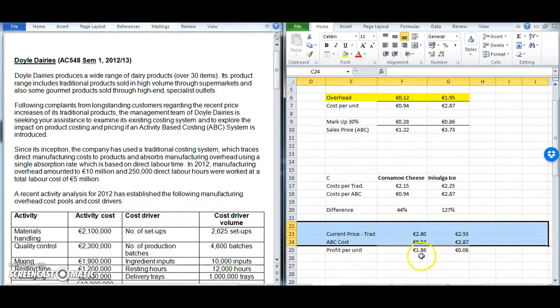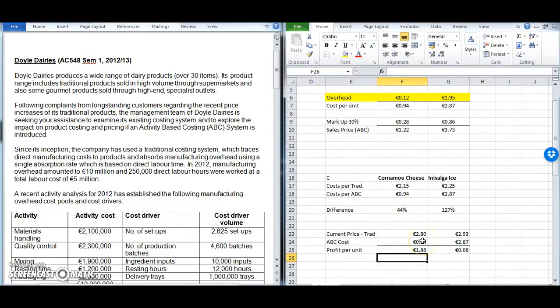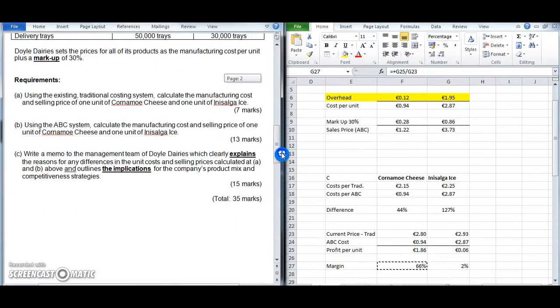Whereas here it's wildly different based on the realistic costs based on the activity-based costing system. So you can look at your margin in terms of, well, for every unit sold we make a profit of 186 over the current price, which is assumed to be the price in the market, 66% margin. Whereas the margin on our ICE product is actually only 2%. So vastly different, and it's those types of commercial insights that would be expected for Part C for 15 marks.